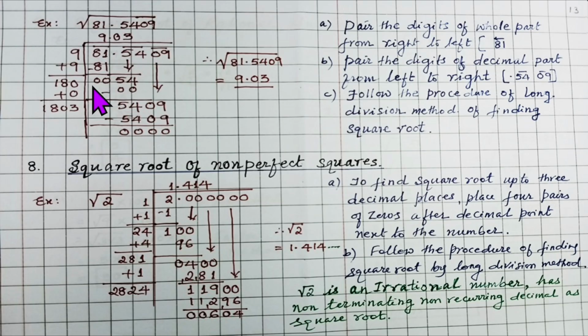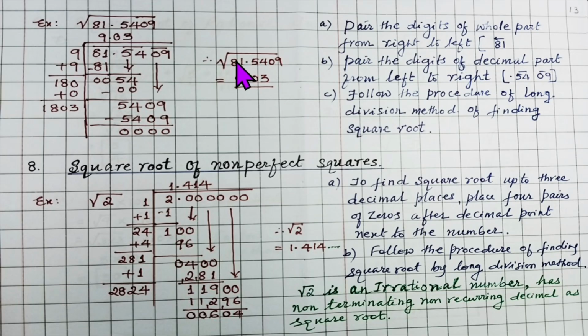Bring 09 down, add 0 here, we get 180 and choose a digit such that when I multiply by the same digit it is either less than 5409 or equal to 5409, and we find here 1803 into 3 is 5409 exactly. Subtracted you get the remainder as 0. Once the remainder comes 0 then 9.03 is the square root of 81.5409. So try to understand that.